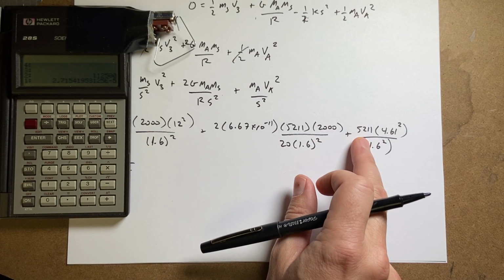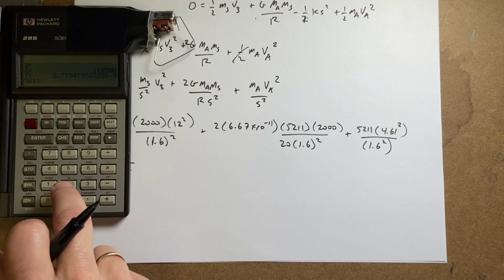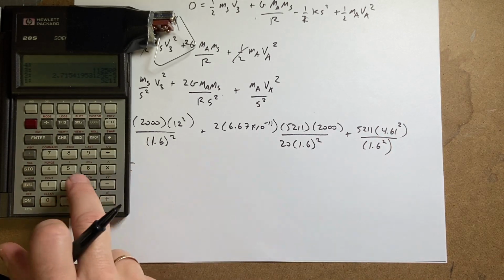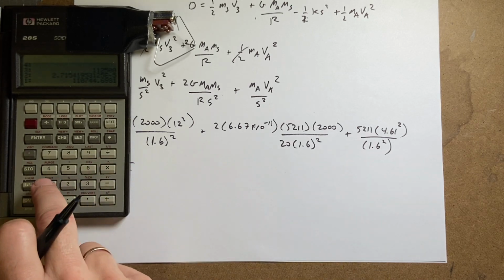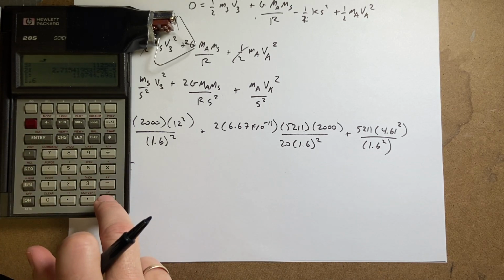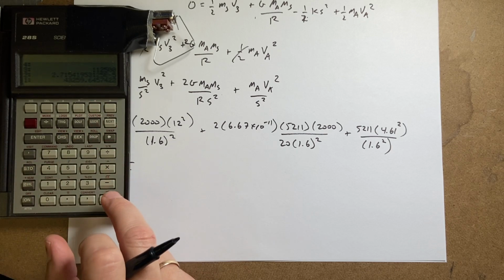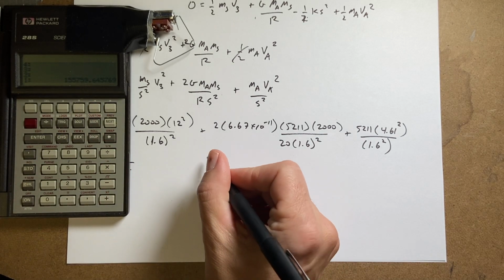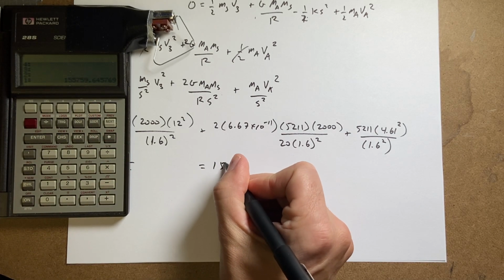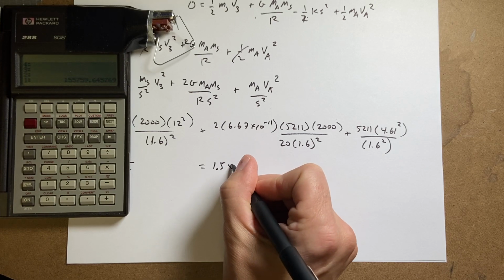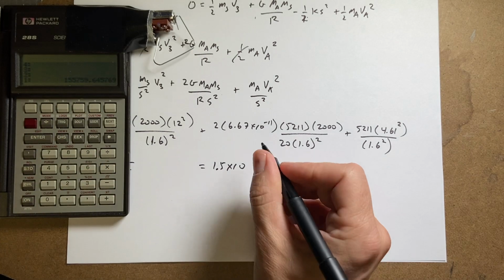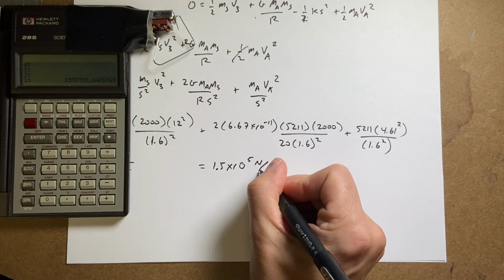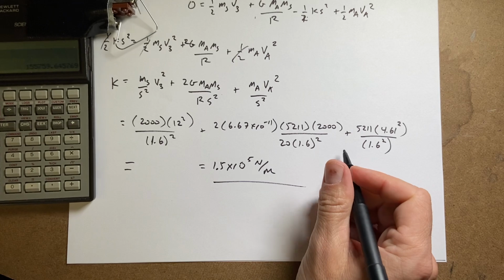And now this last term is 5211, enter, 4.61 squared times 1.6 squared divided by. Now I have to add these up, plus, plus. And I get a spring constant of 1.5 times 10 to the 245 newtons per meter.